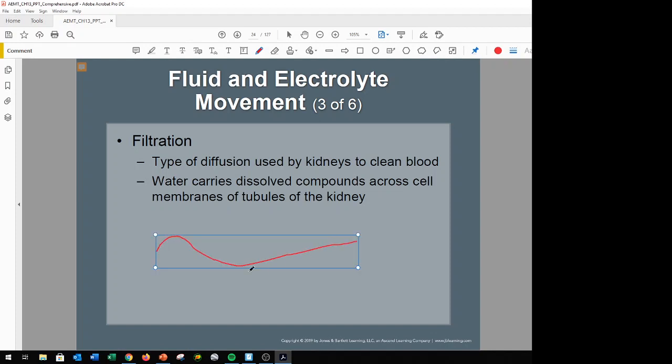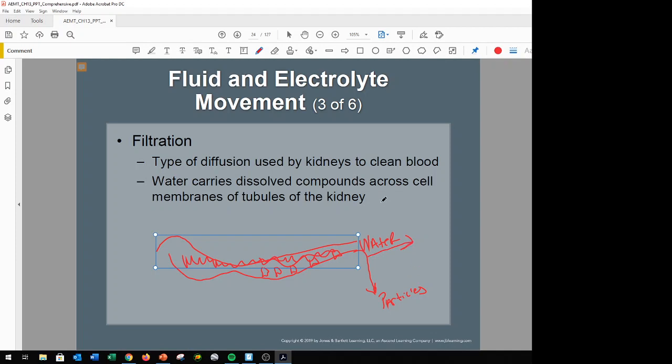Basically, what you have here is your water and you have your particles, right? And what filtering is, is that it gets to a point where the particles separate. The particles get taken out, but your solute, or water in this case, continues to flow. And that's all it is.